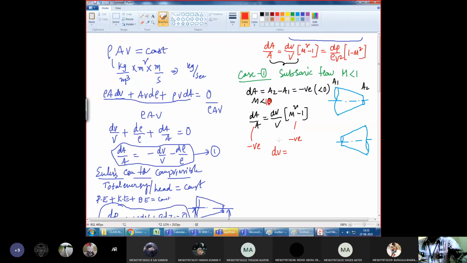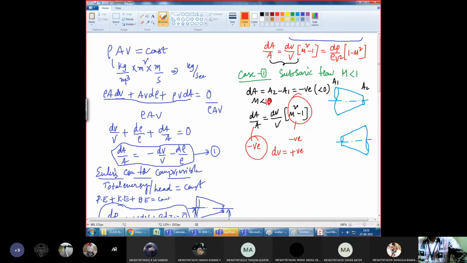When dA is negative, this value is negative, and when Mach number is less than 1, this value is also negative. So is dV by V positive or negative? Positive, because the negatives cancel.